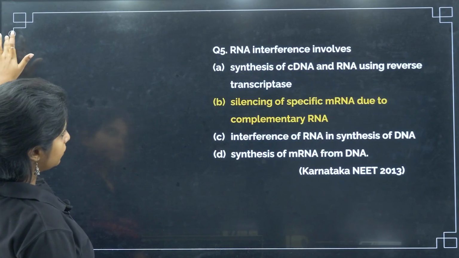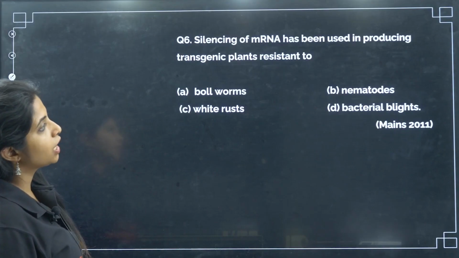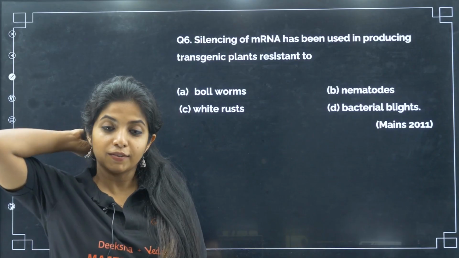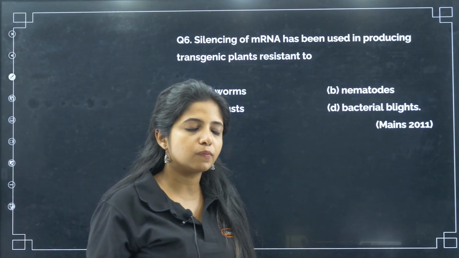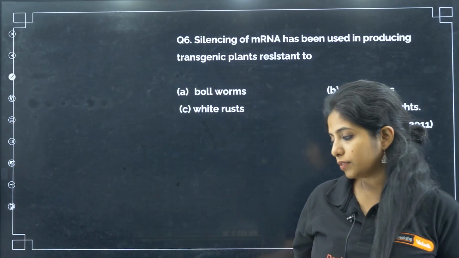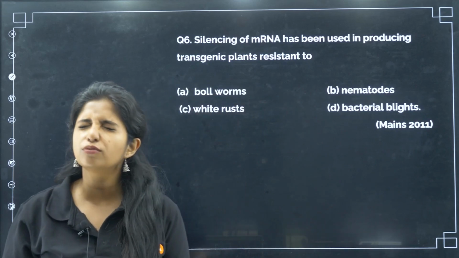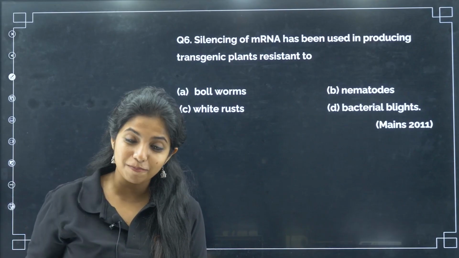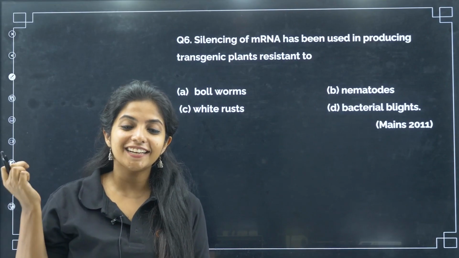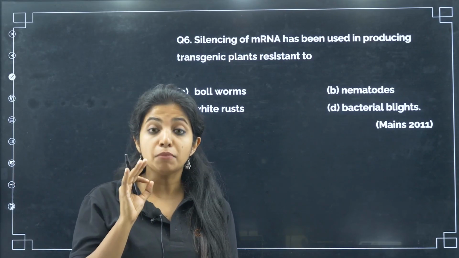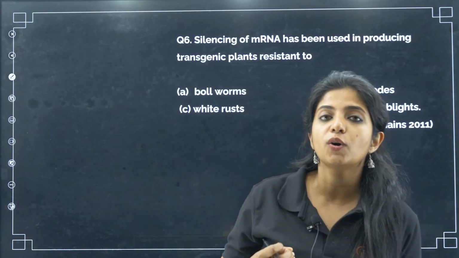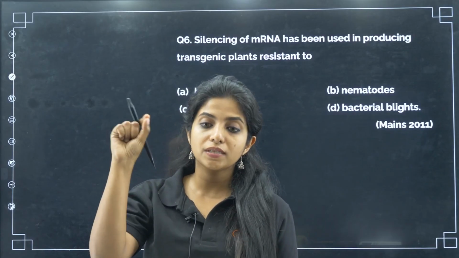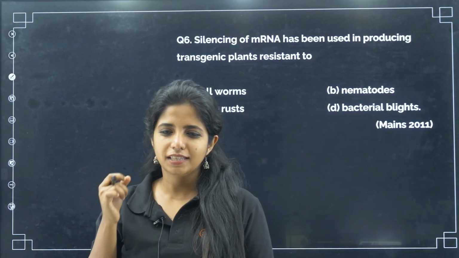Cool? So next, silencing of mRNA has been used in producing transgenic plants resistant to what? Silencing of mRNA was basically introduced when there was a tobacco plant, sorry, not tobacco mosaic plant. So there is the tobacco plant, and this tobacco plant was infected by a nematode, an Aschelminthes, known as Meloidogyne incognita. This Meloidogyne incognita was infecting the plants and killing them.